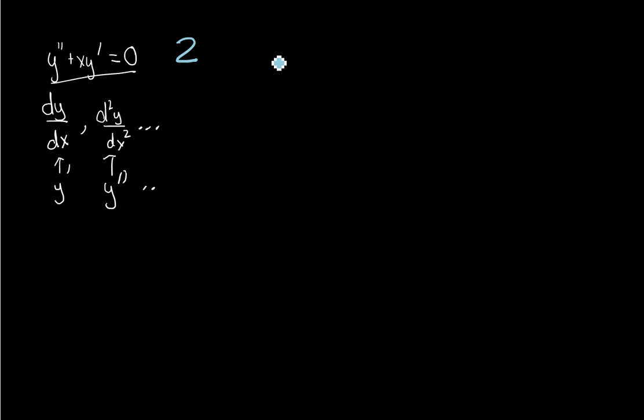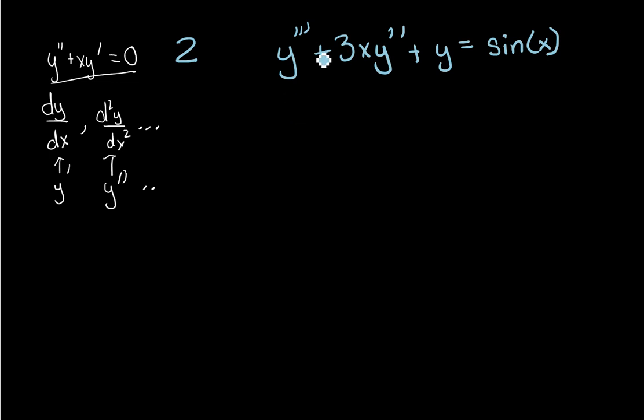If you have a different equation, for example, y triple prime plus 3x y double prime plus y equals sine of x, the order for this one would be 3 due to the third derivative, which is the highest derivative.